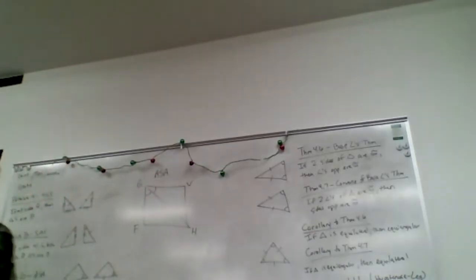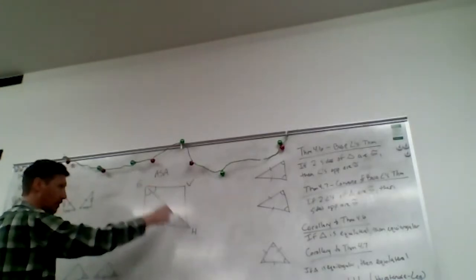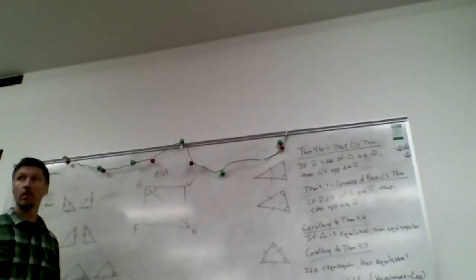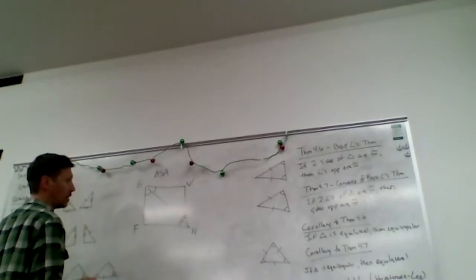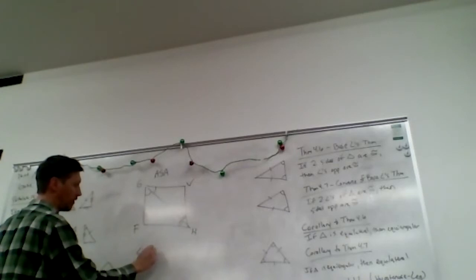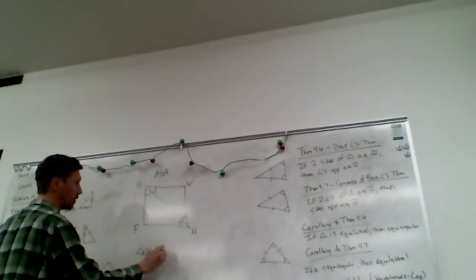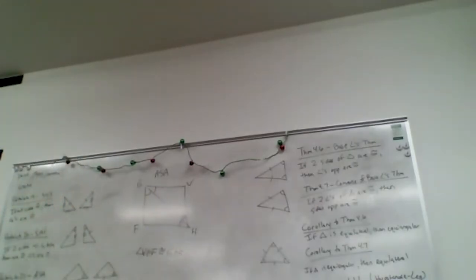We already got an angle that we know is equal, and we already got a side that we know is equal. We got an A and an S, right? This is our A, and this line here is a side that's equal. So what we need to know is that angle VHF is congruent with angle GHF. It's not side angle side, it's angle side angle, right?